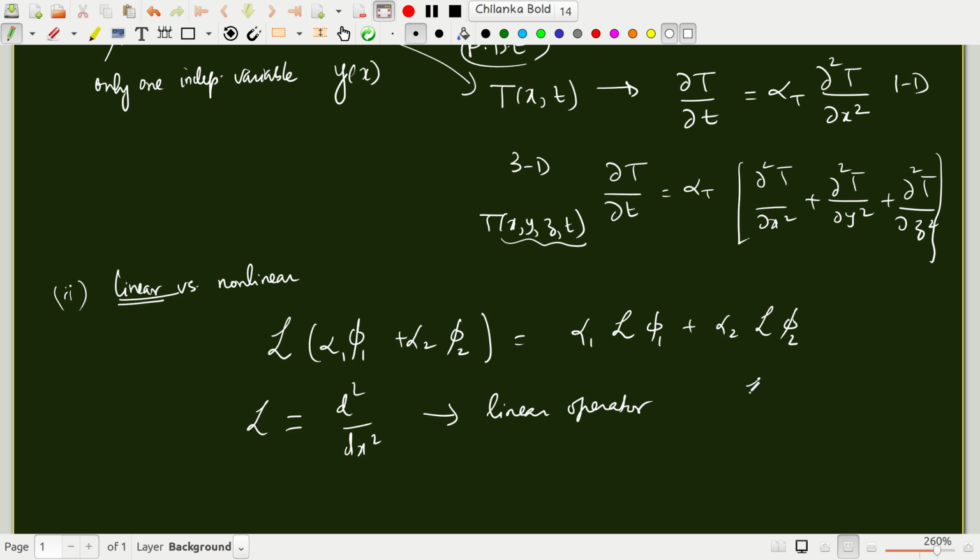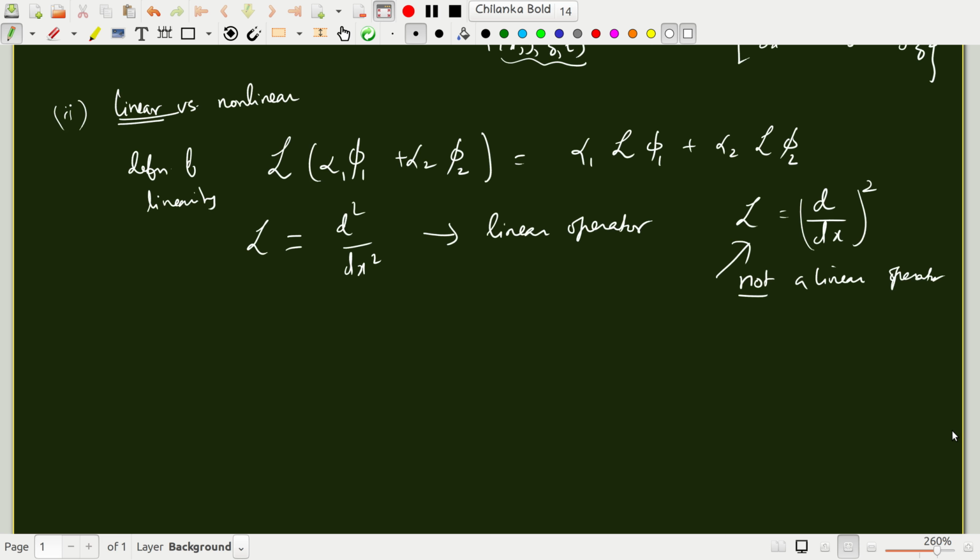Okay, suppose L is d by dx the whole squared, then this will not hold; this is the definition of linearity. Okay, now this is not a linear operator, so it's a nonlinear operator. In the same way you can categorize differential equations as linear versus nonlinear.